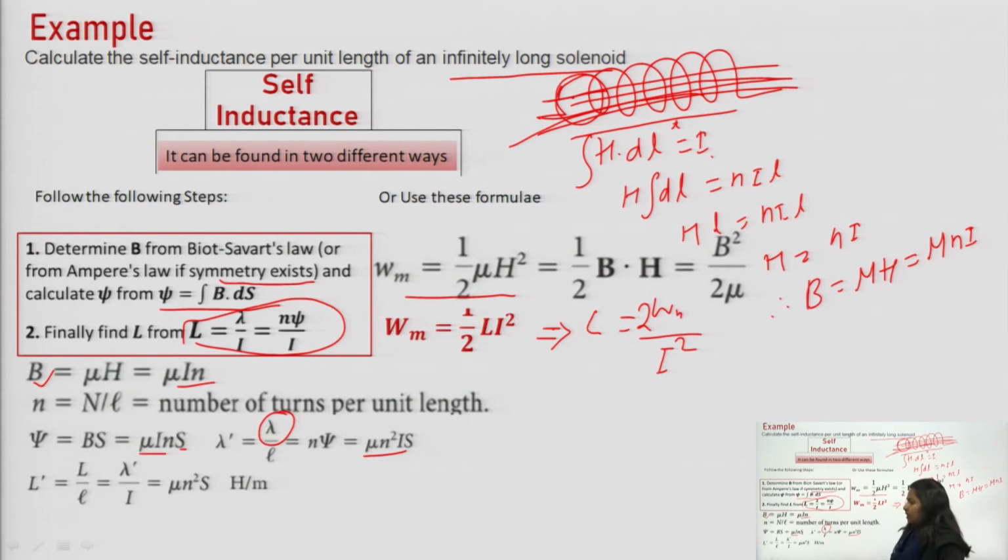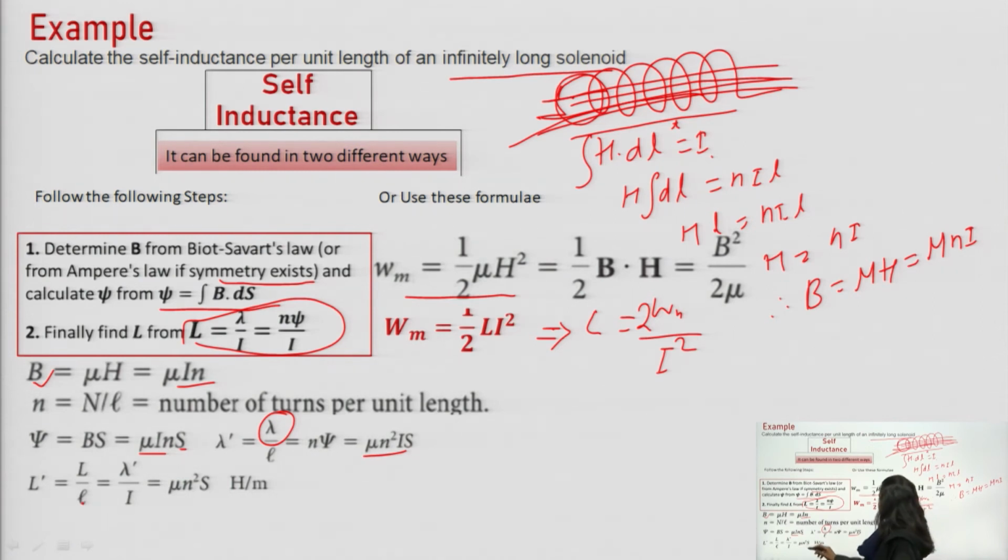Now we know that inductance is equal to total flux linkage divided by total current. However, here we are finding inductance per unit length, so we have taken L dash, which is not inductance but inductance per unit length, equal to L by l. L is the inductance, while small l is the total length of the solenoid.